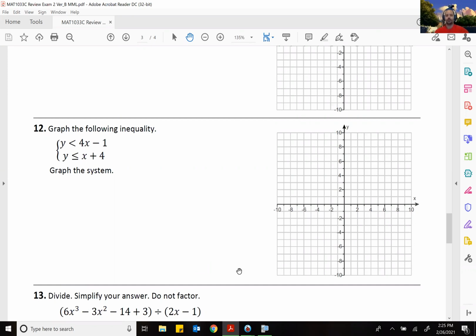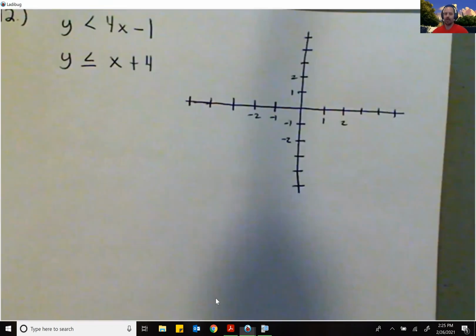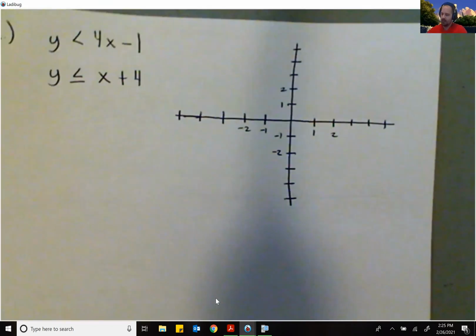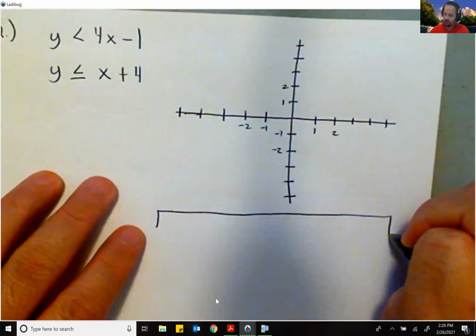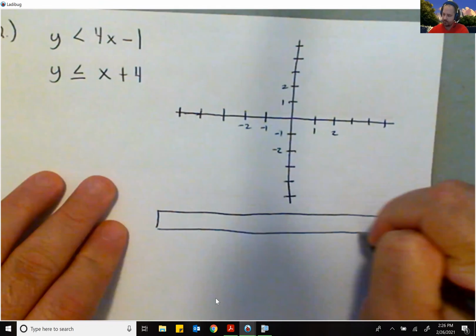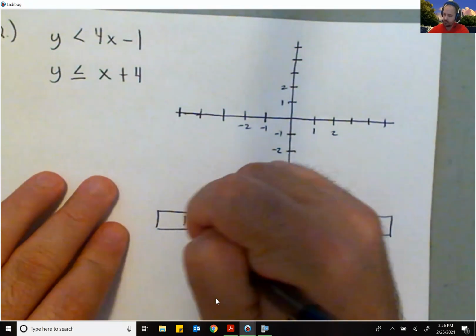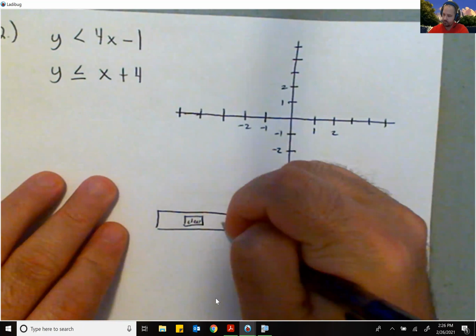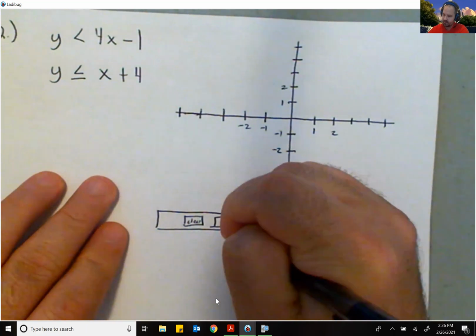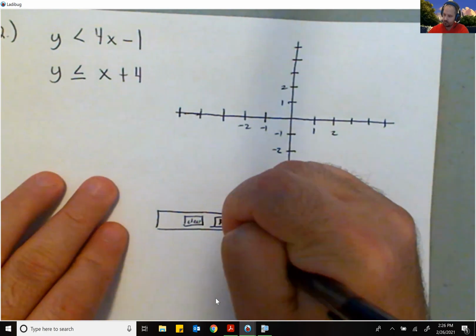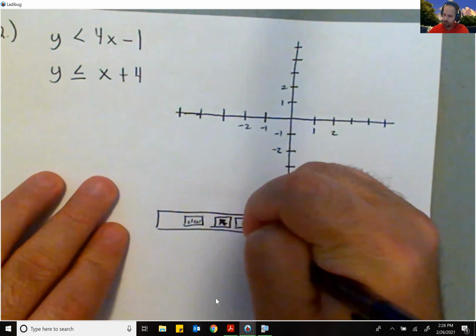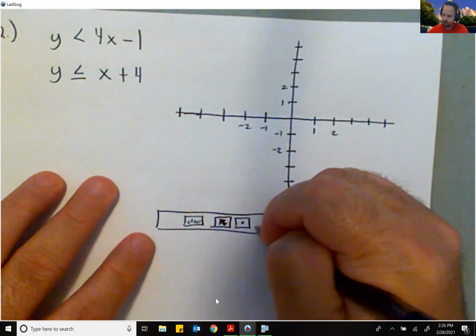Okay. So again, I'm going to have my calculator do a lot of help for me. And again, as soon as you click on that graph, your little toolbar shows up. Clear, your selector tool, your point, your line.